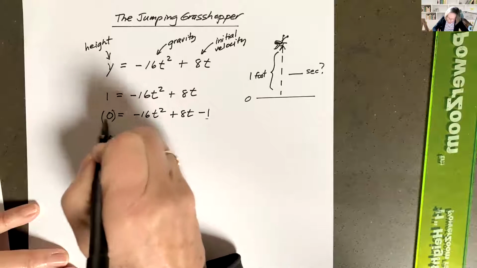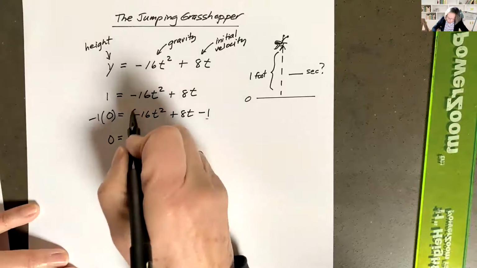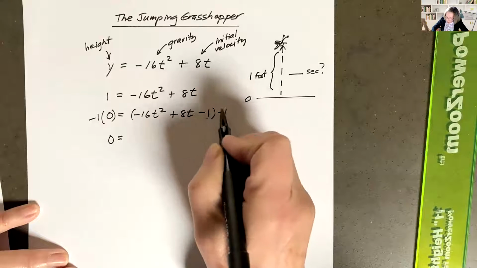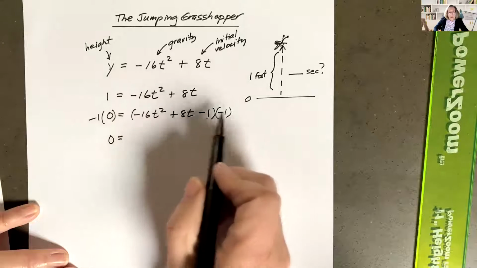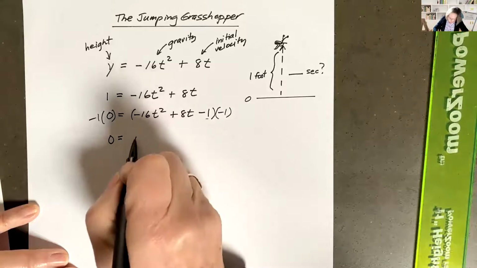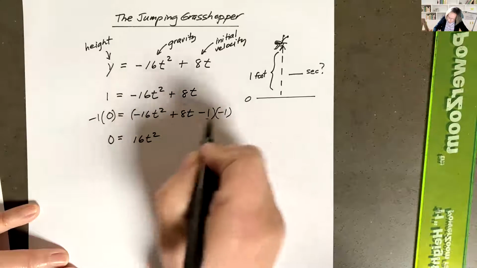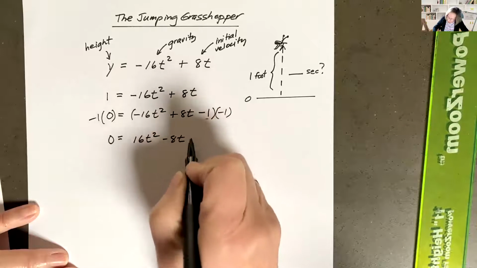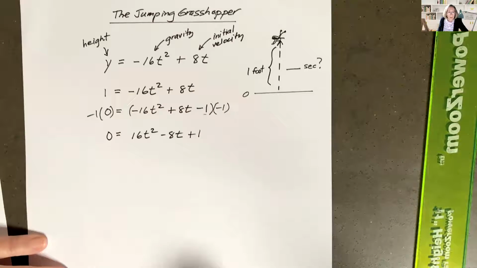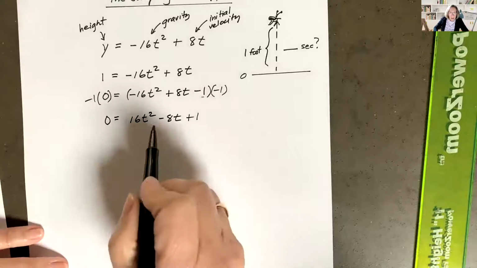If I multiply every term on this side by negative 1, every term changes sign. So negative 1 times negative 16t squared makes this positive. Negative 1 times 8t makes that negative. Negative 1 times negative 1 makes that positive. Just a little trick we use in algebra to make things prettier.